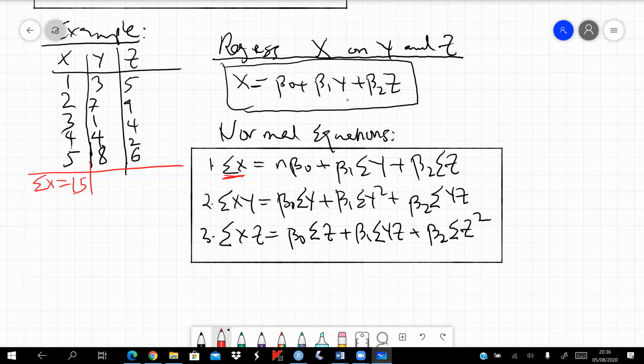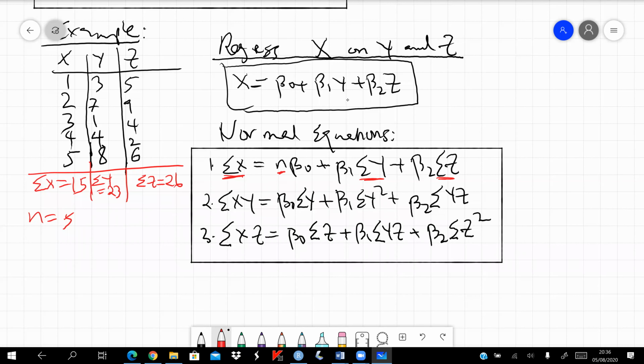Then N is 5. Summation of Y is 23, thank you. Then I need summation of Z. That's 26.